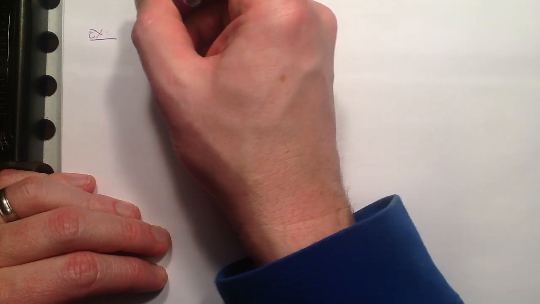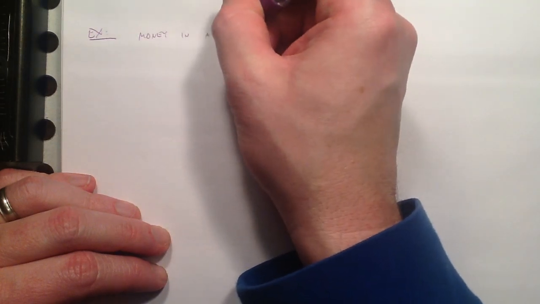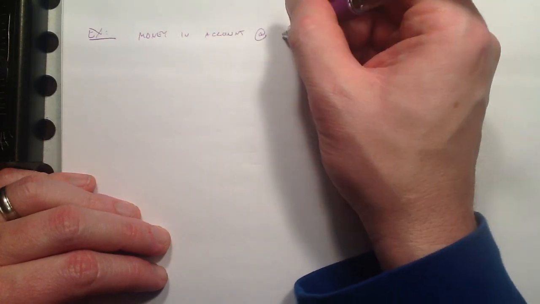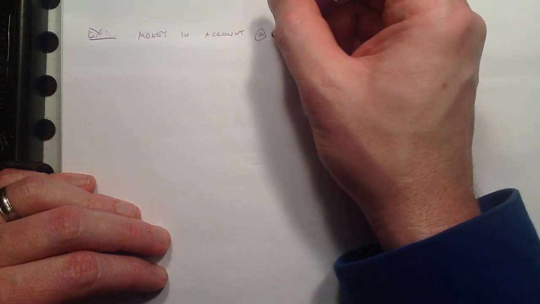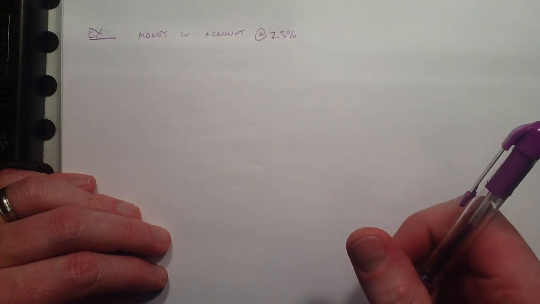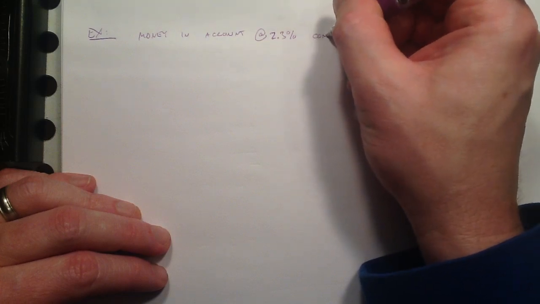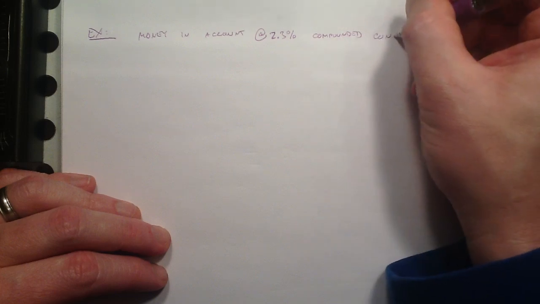So let's say we have money in an account invested at, let's say, 3%. Let's say 2.3%. I think I did 3% in another problem somewhere. So 2.3% compounded continuously.